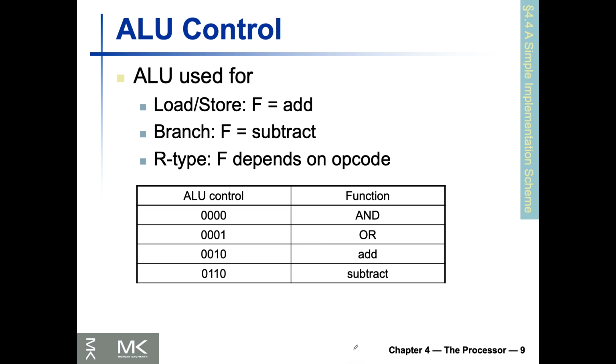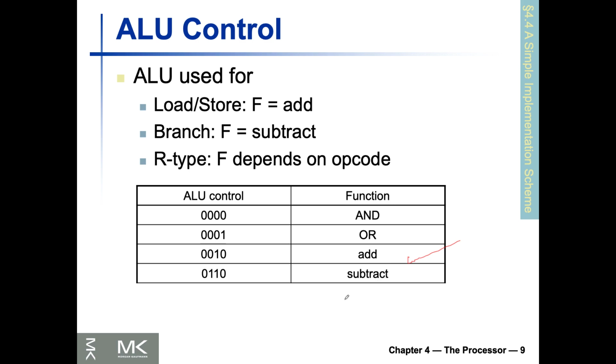For load and store, we use the ALU to compute the memory address by addition. So this will do the job for us for load and store as well. For the R-type instructions, the ALU needs to perform one of the 4 actions: AND, add, or subtract.